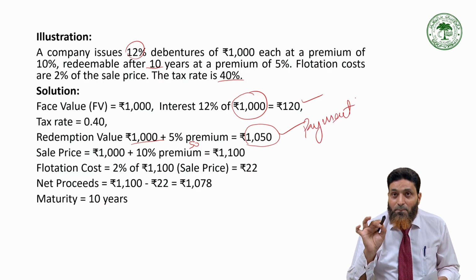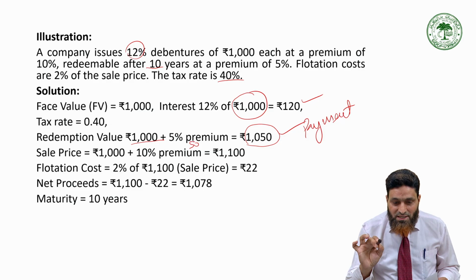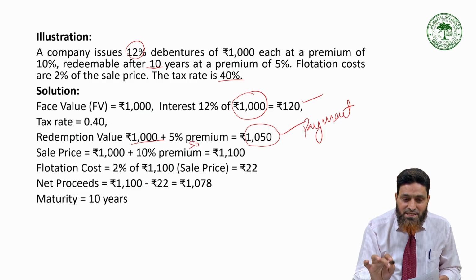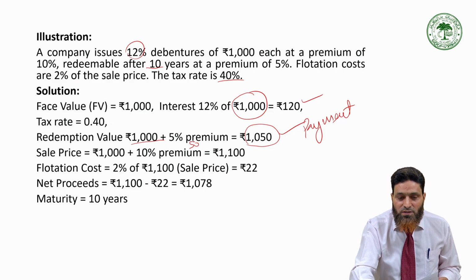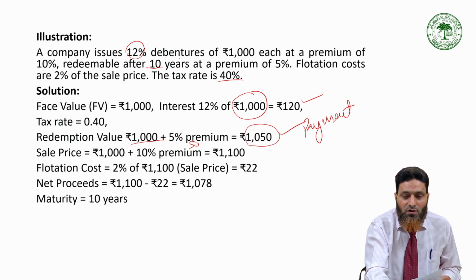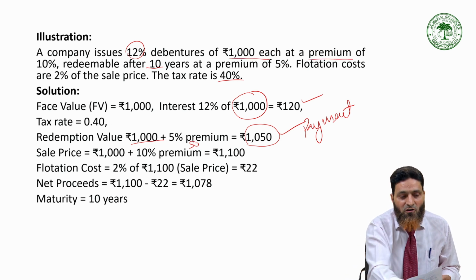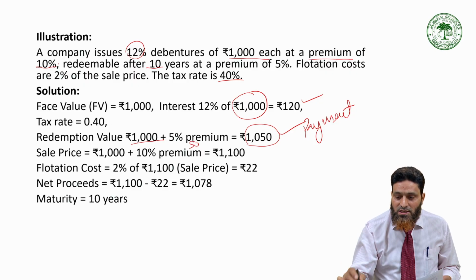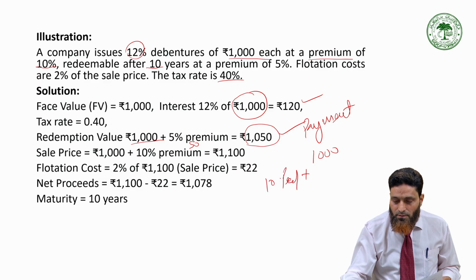And how much amount the company received, that is called net proceed. For net proceed, you can see it was issued at a premium of 10%. The price was 1000 and 10% premium, that is 100.